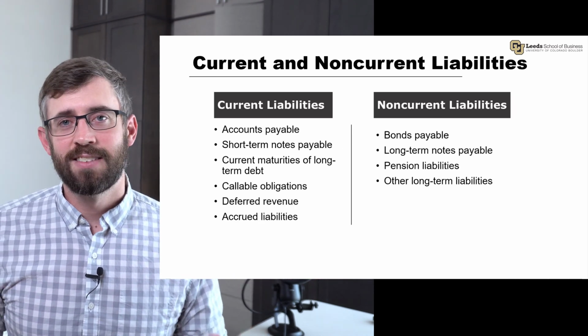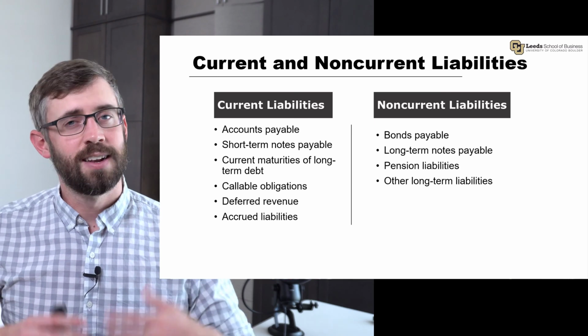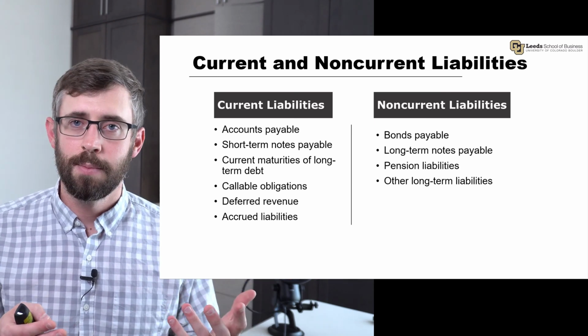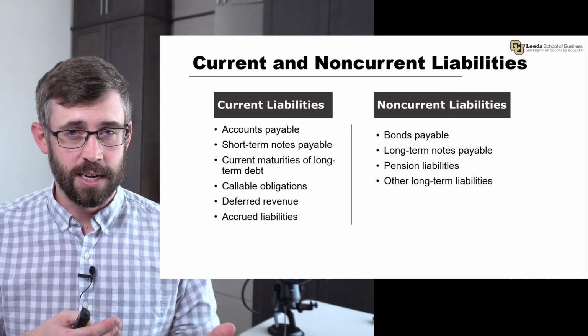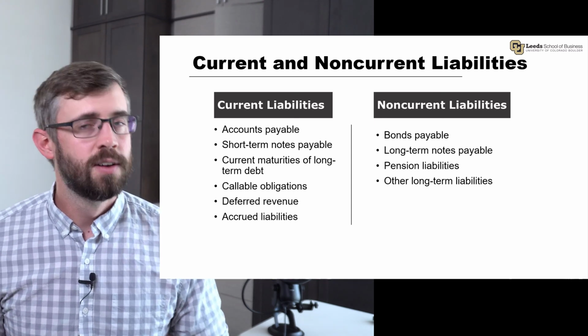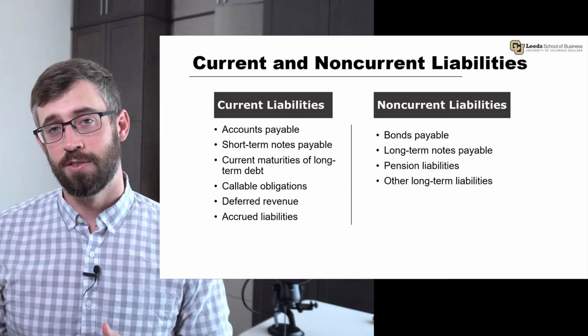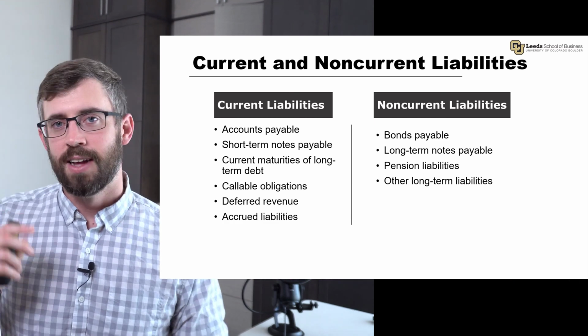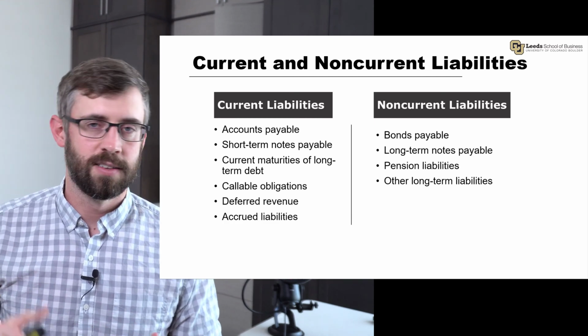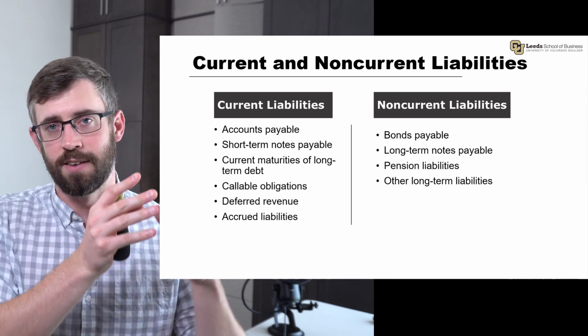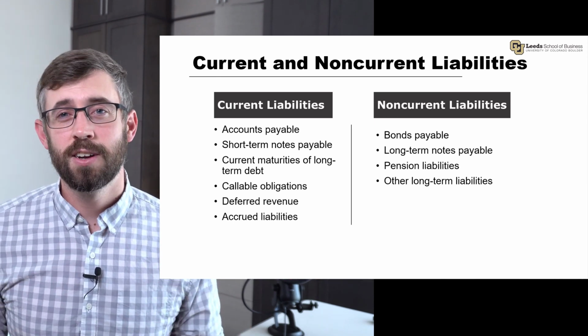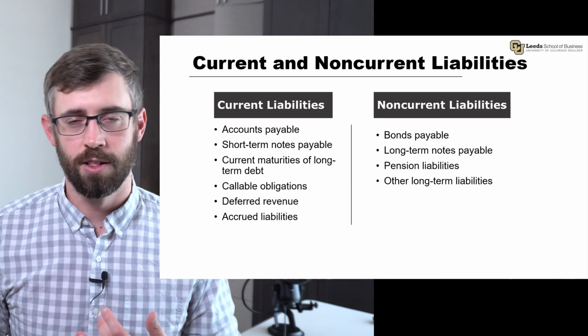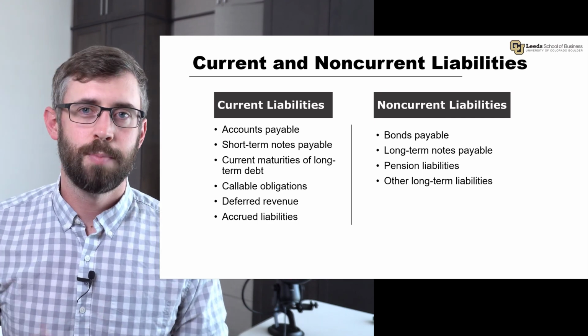And again, just like assets, we split them into current and non-current, and it's going to follow the same rule, where current liabilities are those that are paid off within 1 year or within one operating cycle, and non-current liabilities are those that are going to be paid off more than 1 year out. So we see accounts payable, accrued expenses, deferred revenues, all of that stuff in the current category. Then in the non-current category, we see things like long-term notes, bonds, pension liabilities.